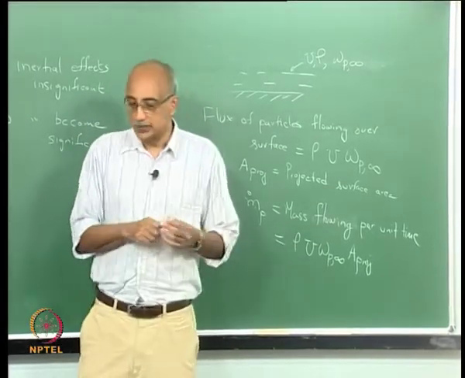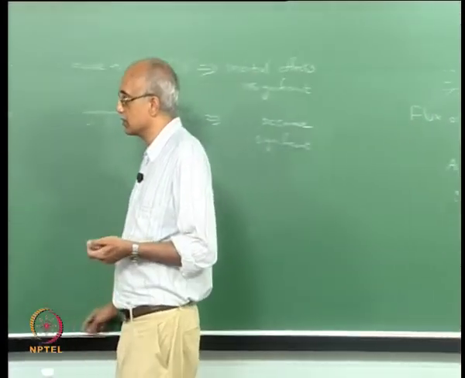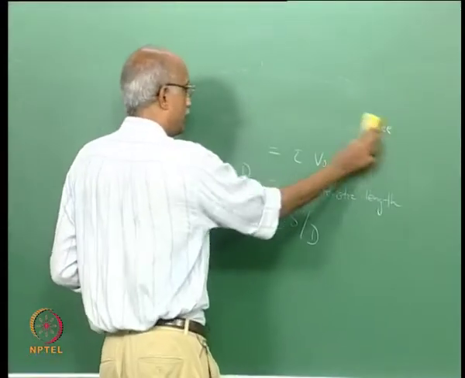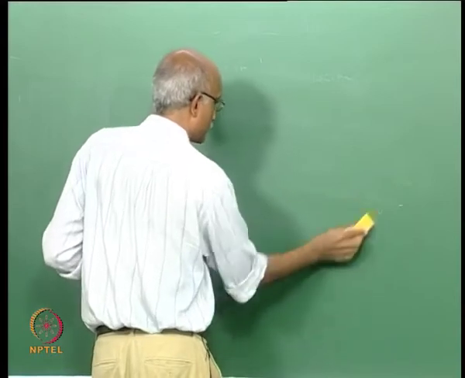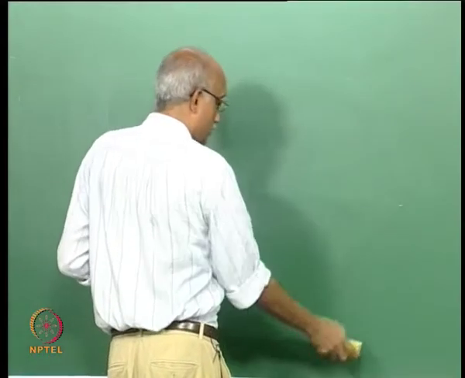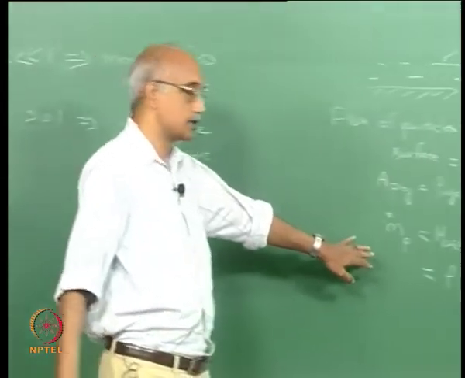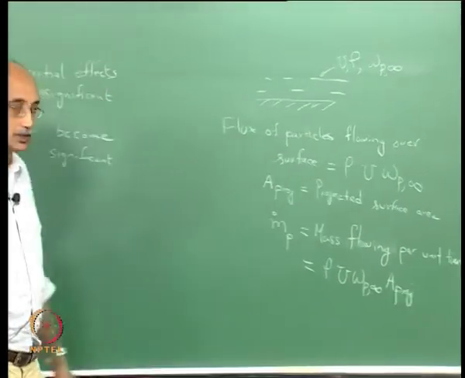The parameter capture efficiency reflects what fraction of that material actually collects on the surface. So let us say that this is the amount of material that is flowing past the surface per unit time.